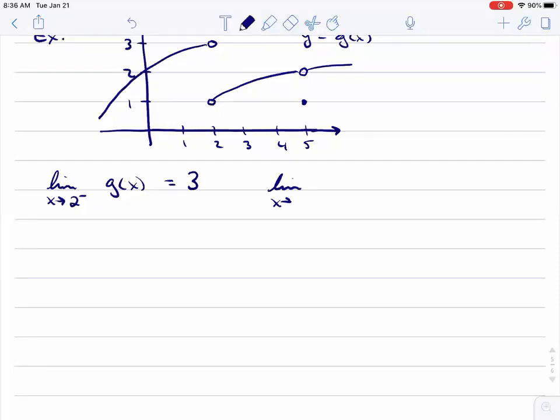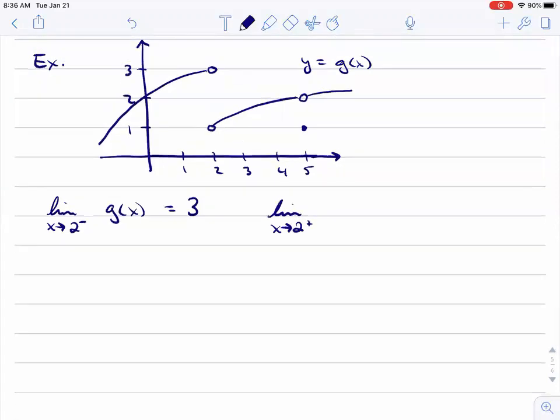And if I look at the limit as x approaches 2 from the right, now I'm on that lower shelf, top shelf, bottom shelf. If we're approaching 2 from the right, then we're going to end up at 1.